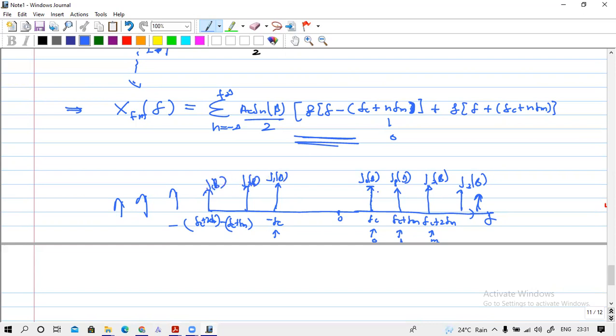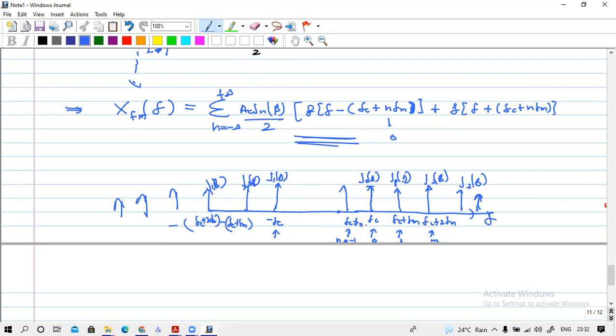Okay, so this n can also have a minus value. So if I get minus 1, we have fc minus nfm. So here we have one component like this. So this is fc minus fm, that is n is equal to minus 1.